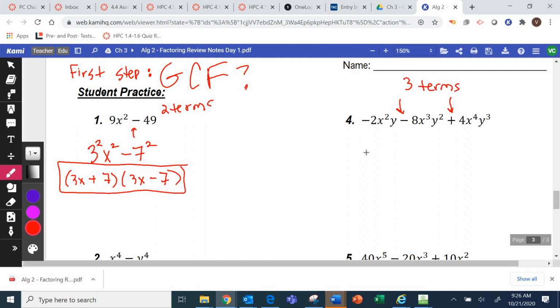Okay, so is there anything in common in these 3 terms, Jenna? Okay, so let's start at x. How many x's do they have in common? We've got 2 here. We've got 3 here. We've got 4 here. How many do they have in common?